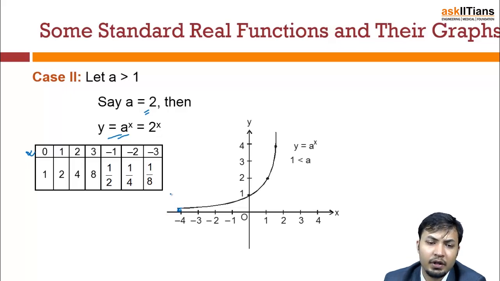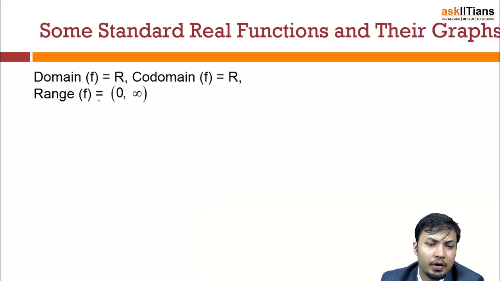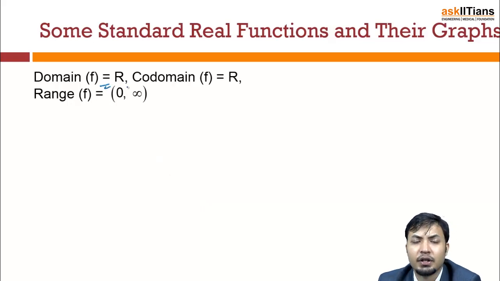It will always be some distance apart. For this case my domain will be R, my codomain will also be R, but my range starts from 0 and is not bounded above. So it lies everywhere in the positive direction.